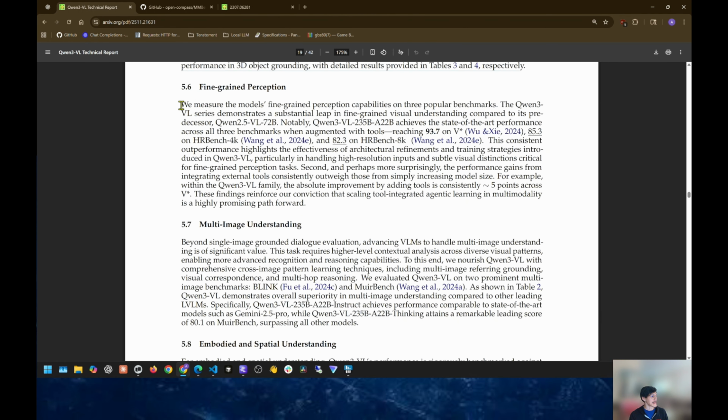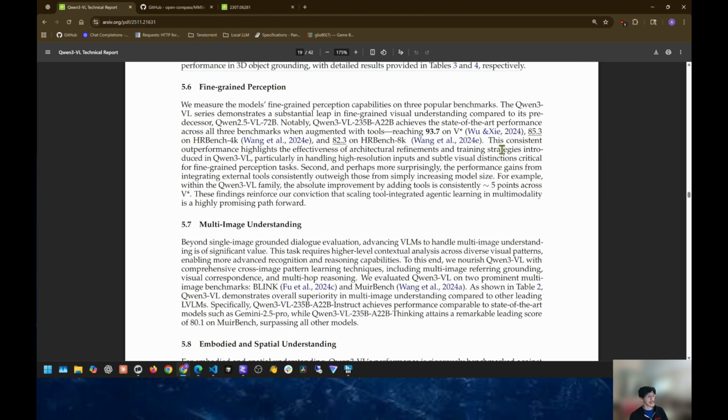Fine-grained perception. We measure the model's fine-grained perception capabilities on 3 popular benchmarks. The Qwen3 VL series demonstrates a substantial leap in fine-grained visual understanding compared to its predecessor, Qwen2.5 VL 72B. Notably, Qwen3 VL 235B A22B achieves state-of-the-art performance across 3 benchmarks when augmented with tools, reaching 93.7 on V*, 85.3 on HR-Bench 4K, and 82.3 on HR-Bench 8K.